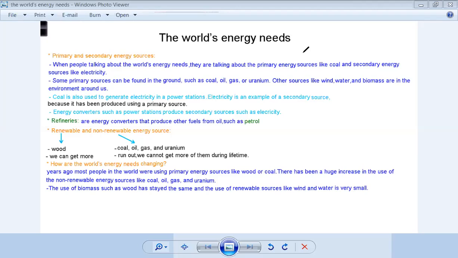For example, water. We can use water to generate electricity, but we cannot use it again because it runs out from us. But we can replace it. We can get more of it. Renewable sources such as wood, we can get more of it as quickly as we need.